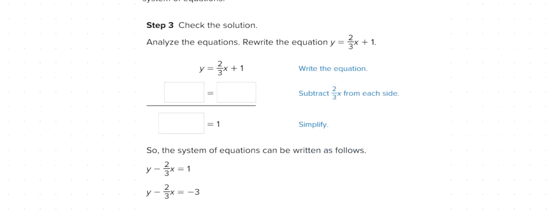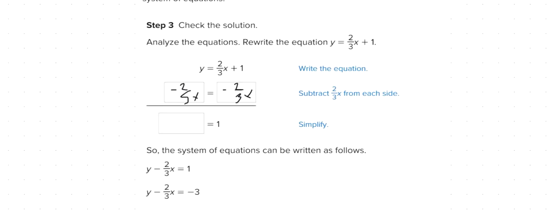Rewrite the equation y equals 2/3 x plus 1. So we're going to subtract 2/3 x from both sides: minus 2/3 x, minus 2/3 x.